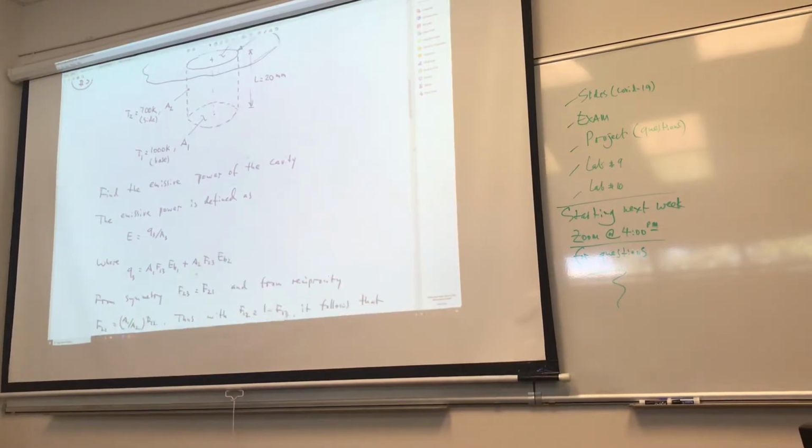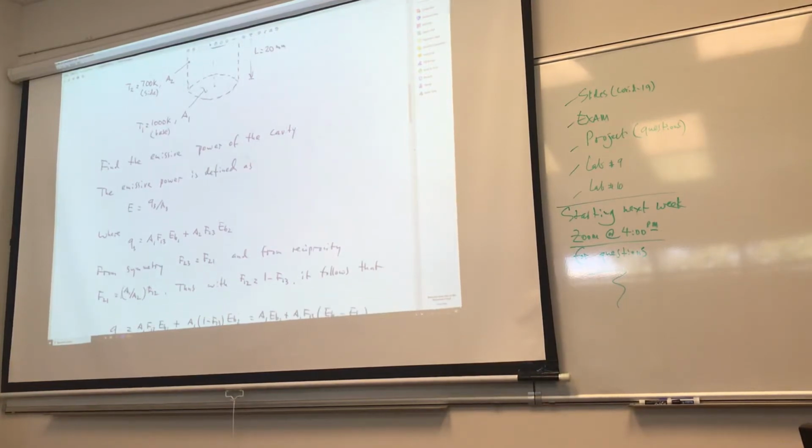Now, you look at this and you go, F23 and F13. Because there is a symmetry, F23 is equal to F21, and again, using reciprocity, remember Ai Fij is equal to Aj Fji.